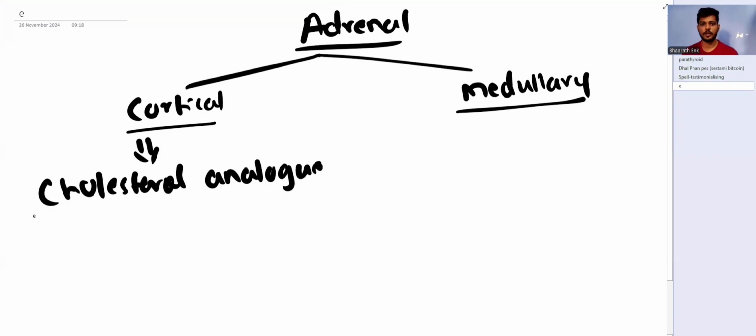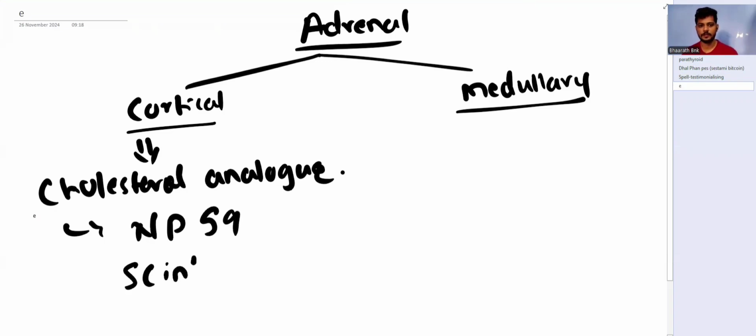This cholesterol analog is either in the form of NP-59 or iodocholesterol. So this is a cholesterol analog, which is a steroid precursor, and that is taken up by the cells of the adrenal cortex.